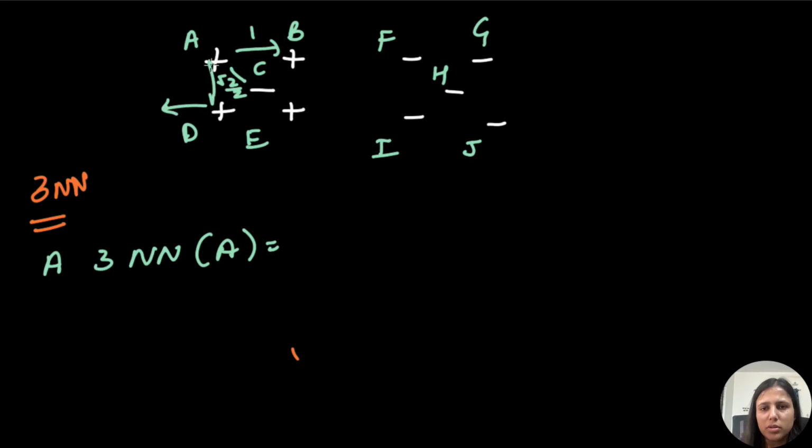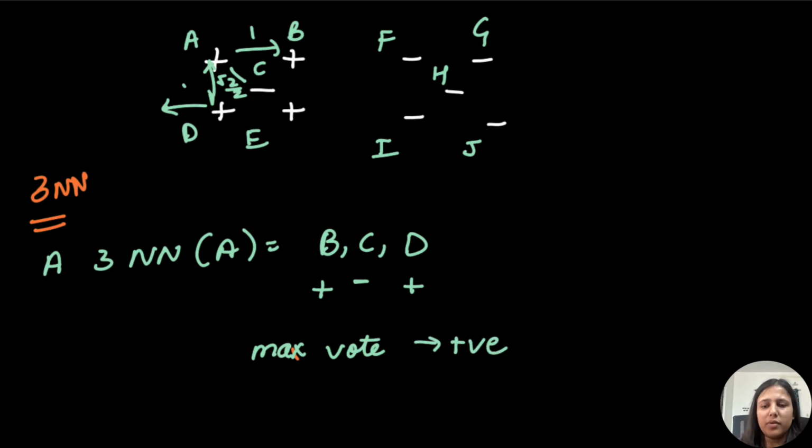So the 3 nearest neighbors are B, C and D. The label of B is positive, C is negative and D is positive. If we take a max vote, we will get a positive label. So A is labeled positive. This is correct, so this is correctly classified.